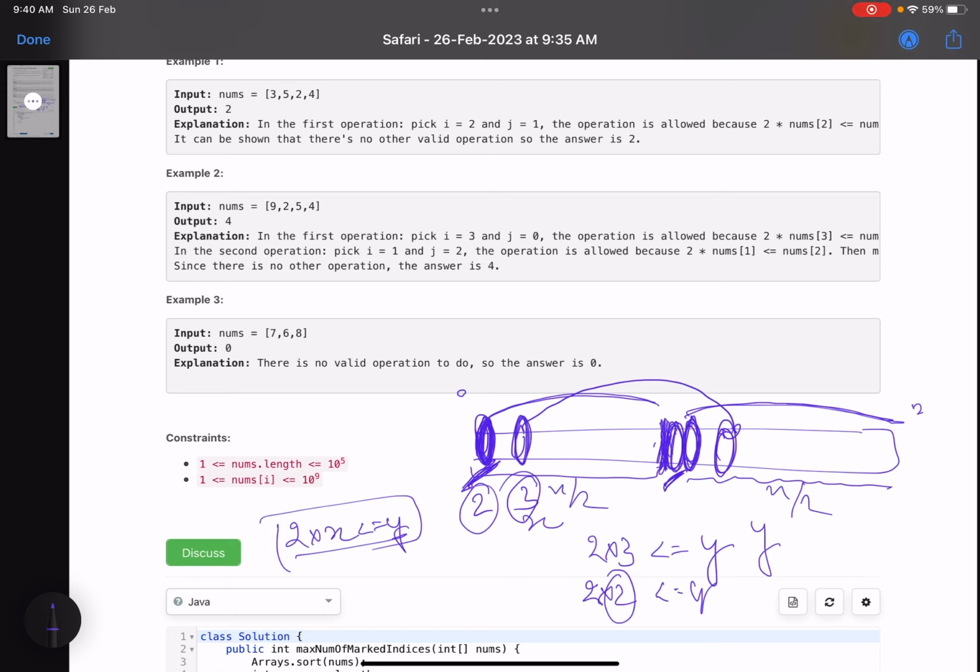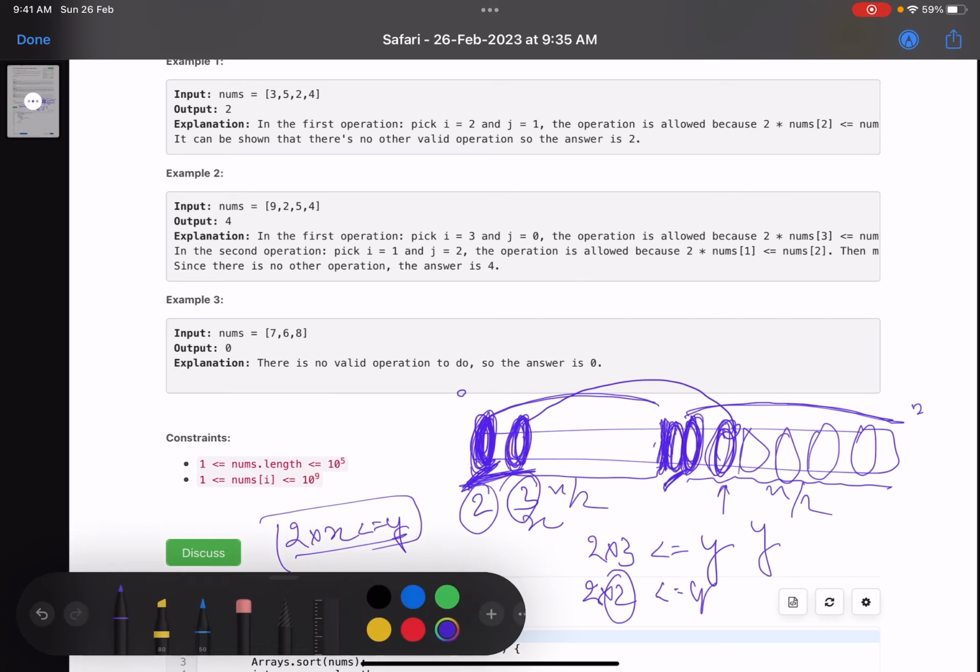So in short, the minimum element here should form a pair with the minimum element here. However, if the current element is not forming a pair, you keep on moving, because ultimately the only value which can form a pair is the minimum value here. So this is what we will do.